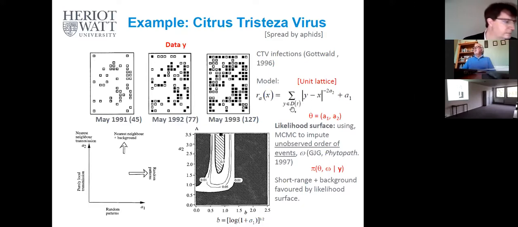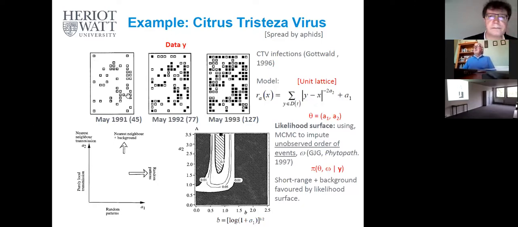So what we're doing is we're summing up the infectious challenges from all the diseased individuals at time t, and then I also had a primary infection rate A1, and I should say that here the trees are modeled as points on a unit lattice, so the minimum possible distance I can have is 1 in this model.